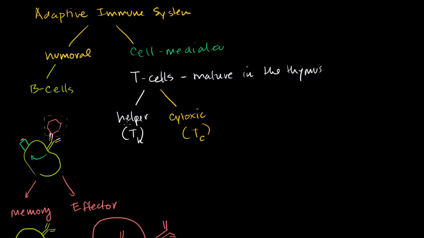Now, just so that you have a big overarching impression of what does what, B cells, when they are activated, generate antibodies. At 30,000 feet, that's the best summary of what an activated B cell does.